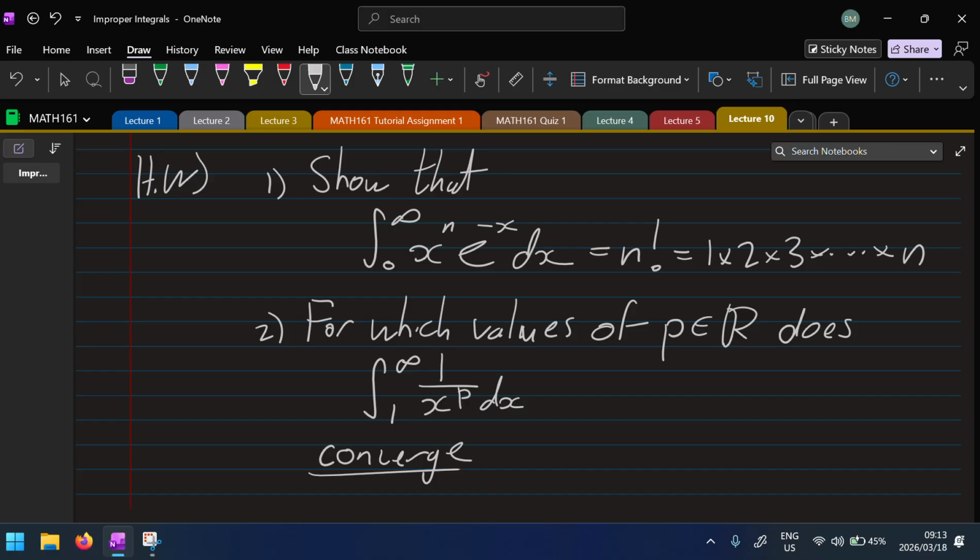So the limits exist and are finite. For what values of p? It can be any real number, not like an integer. There's some interval where it does not converge, it goes to infinity, and another interval where it does converge. So find where it does converge. Any questions for these two homework problems?